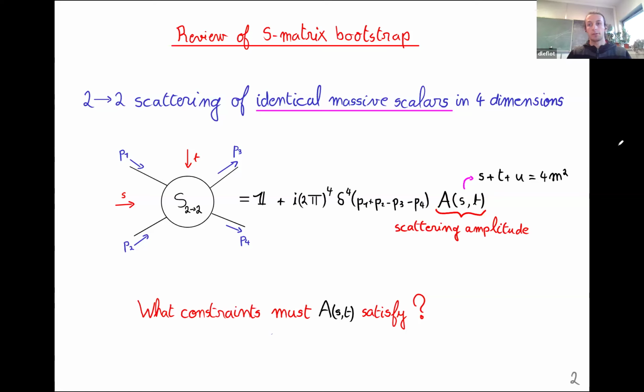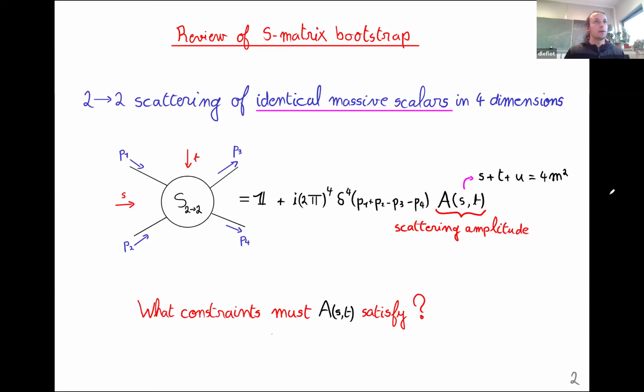These variables are called Mandelstam variables, and they are computed from the incoming and outgoing momenta of a scattering process. There is actually a third Mandelstam variable called u, but s, t and u are related by the conservation of energy and momentum, so that the scattering amplitude we will study only depends on s and t.